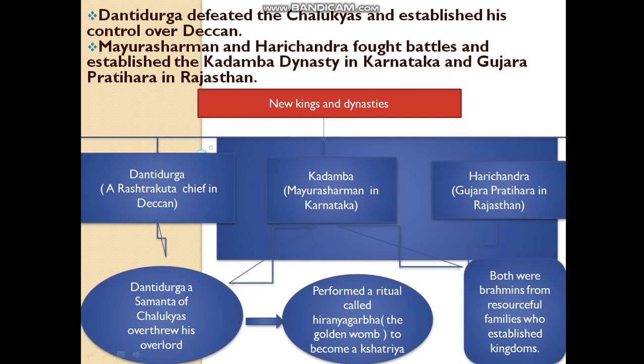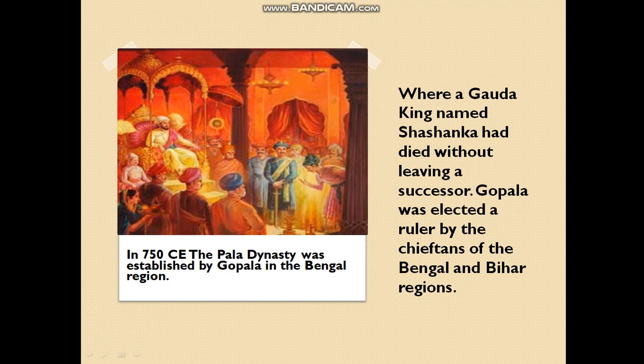These are the new kingdoms and dynasties which came up. Now, here you can see the Pala dynasty. The Pala dynasty was established by Gopala in the Bengal region in 750 CE. Another dynasty which came up. What was a dynasty? A family business which from the grandfather to the child was inherited by the son.